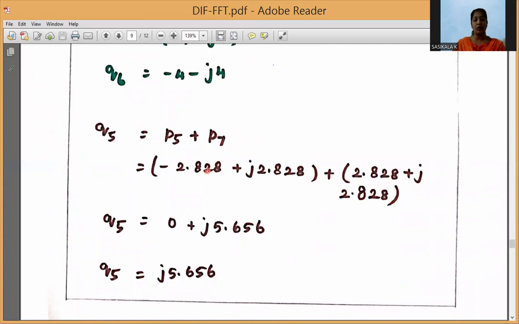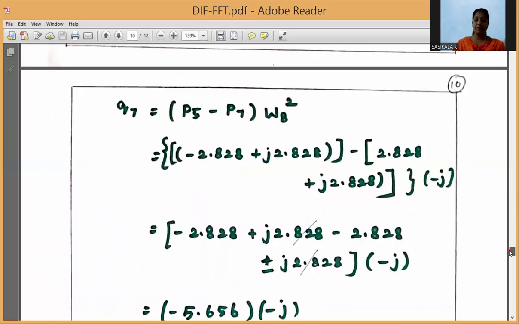P5 value is minus 2.828 plus j2.828 and P7's value is 2.828 plus j2.828. So minus 2.828 and plus 2.828, these two will get cancelled. So I am getting j2.828 plus j2.828. Both are the same polarity, so you just have to add 2.828 and 2.828. So I'm getting 0 plus j5.656. So Q5 equals j5.656.